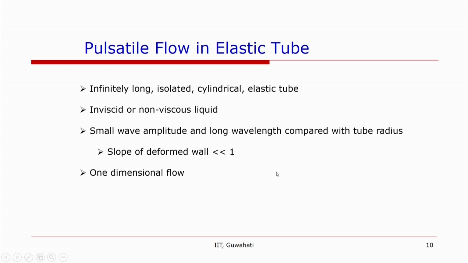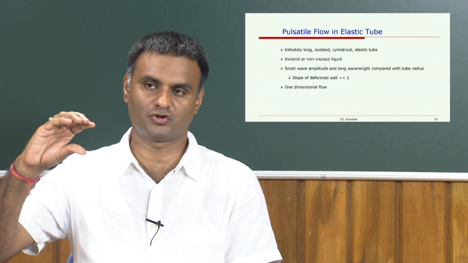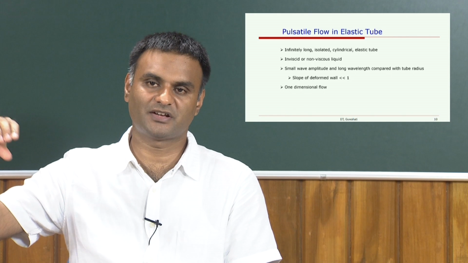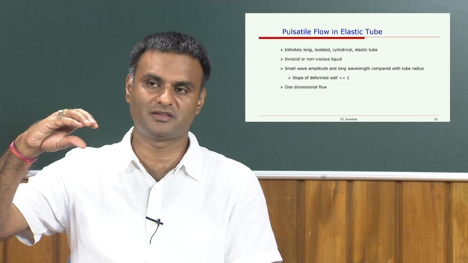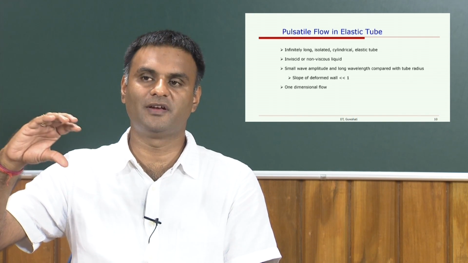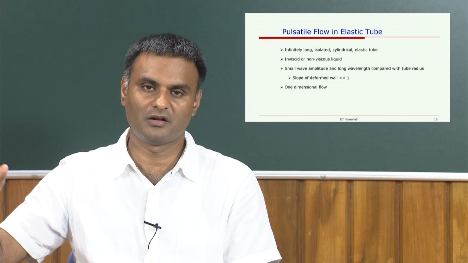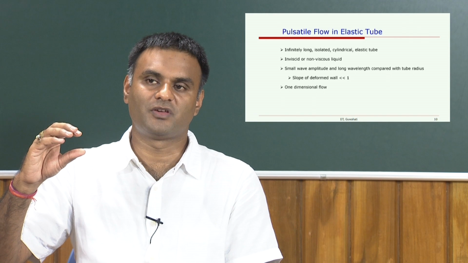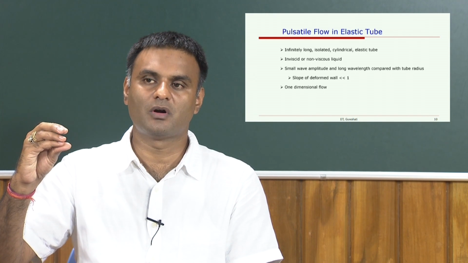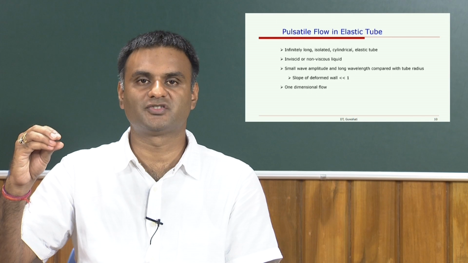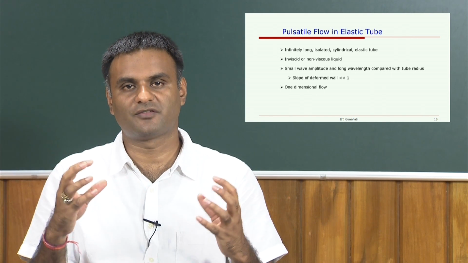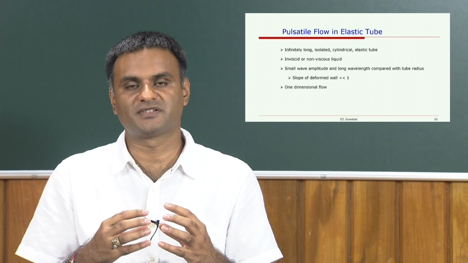Okay. Now, under these assumptions, when there is a deformation at one point of the tube, a pressure wave will be generated, and this pressure wave will travel along the channel wall. So we need to get the speed of this pressure wave or pressure pulse.